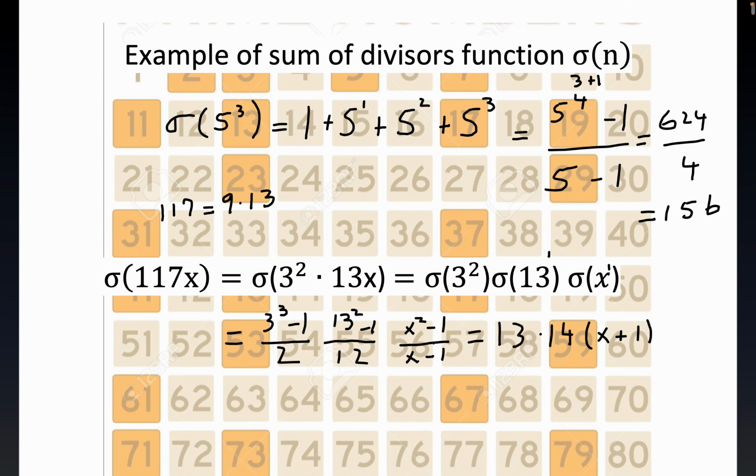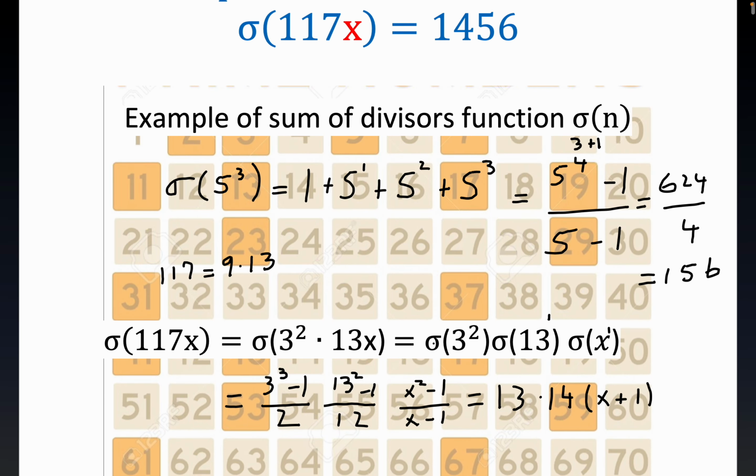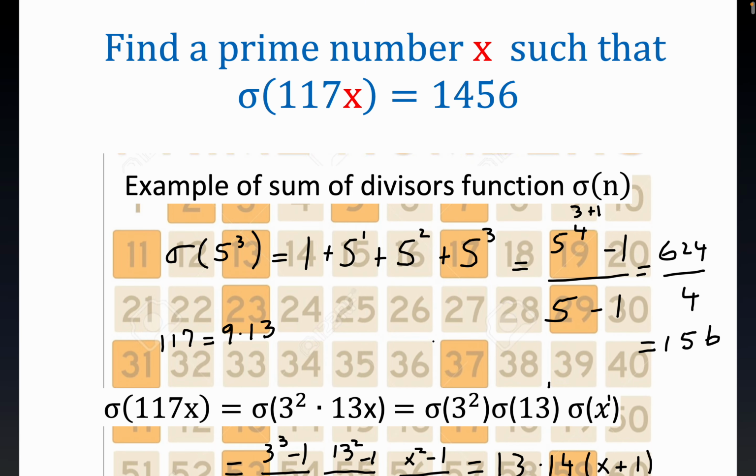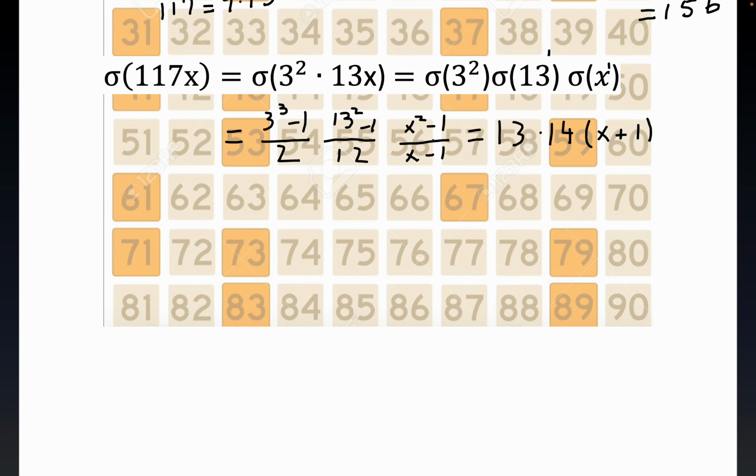Now remember, what was all this supposed to be equal to? This is equal to 1456, right, is what we're doing here. So what we get is 1456 is equal to 13 times 14 times the binomial factor x plus 1.